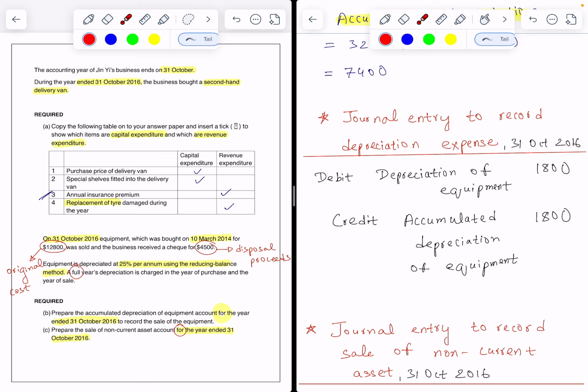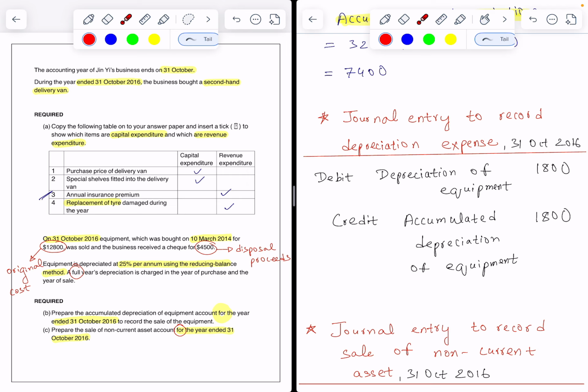So whatever depreciation the equipment will go through as it is being used within the business for the purpose of generating revenue, that depreciation, the total or aggregate or accumulated depreciation, is stored in a separate account, which is the accumulated depreciation account, and that is what we refer to as a contra asset account. By default, whenever contra asset accounts increase, we credit them. So that is why when accumulated depreciation increases, we are crediting it.